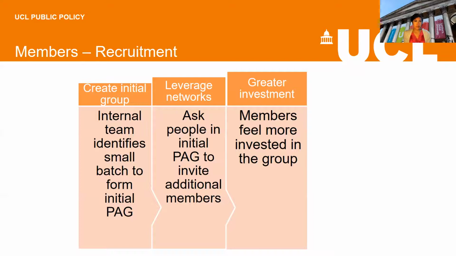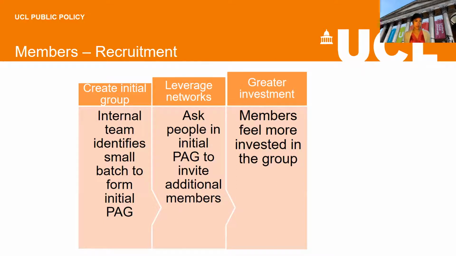There are also some tricks for recruitment. One group really recommended a two-staged approach. The internal team identified a small first batch of people to invite to form the initial policy advisory group. They had 8 people overall, but initially they only invited 4. The internal team discussed this, and then the most senior person, the PI or the director of the unit or team, invited the first 4 people.